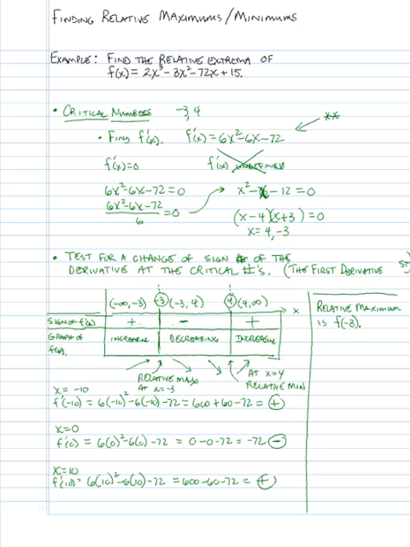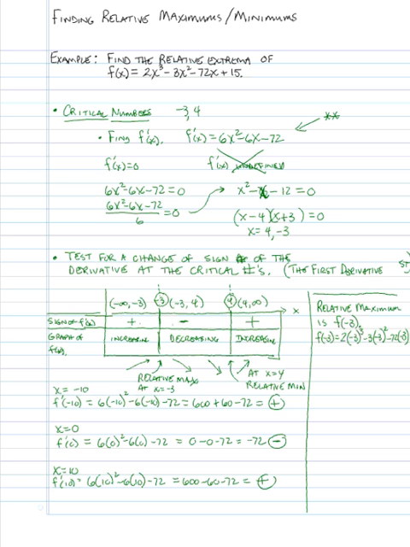And what we know is when x is -3, we change from increasing to decreasing, and so that y value is the maximum in the area. Okay, so to answer this question, though, what the relative maximum is, we actually need to do the calculation. So we'd say, okay, we'll take the function f of x, which is 2 times x cubed, and so we'll put a -3 in for x, and minus 3 times x squared, so we'll put a -3 in for x, minus 72 times x, we'll put a -3 in for x, and I've run out of room, haven't I?